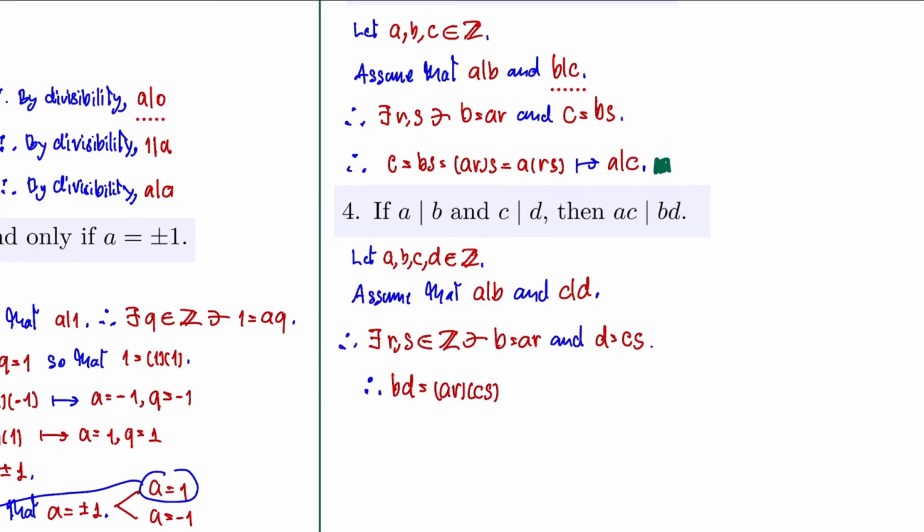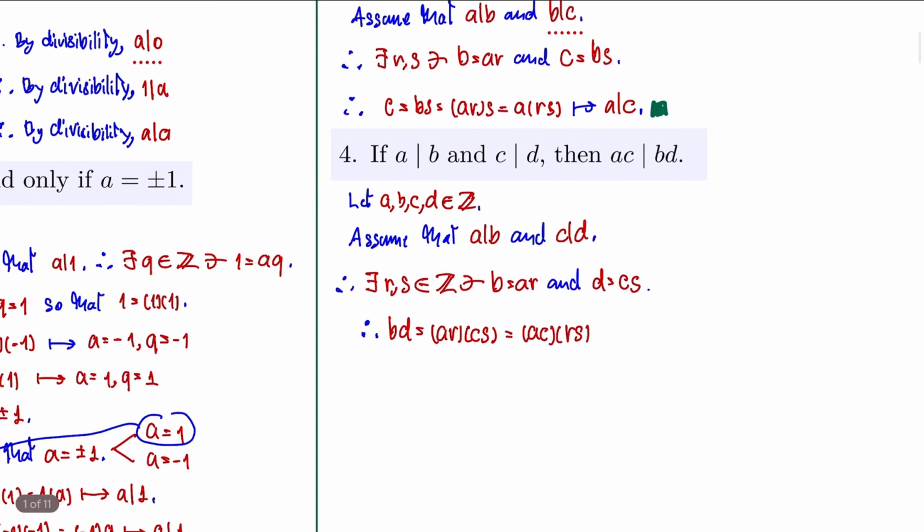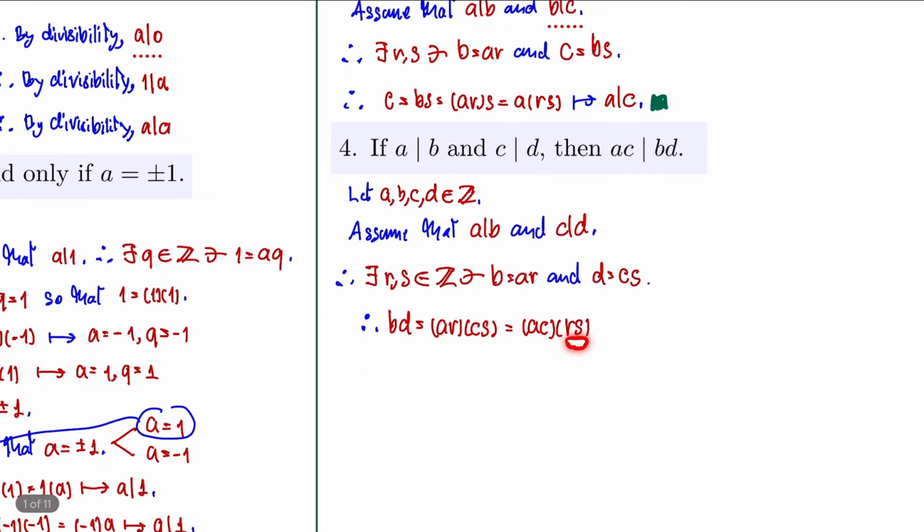Then what can we do next? We try to get a c, so we have a c times r s. r s is an integer, right? So since r s is an integer, we can imply that a c divides b d. That's the fourth property.